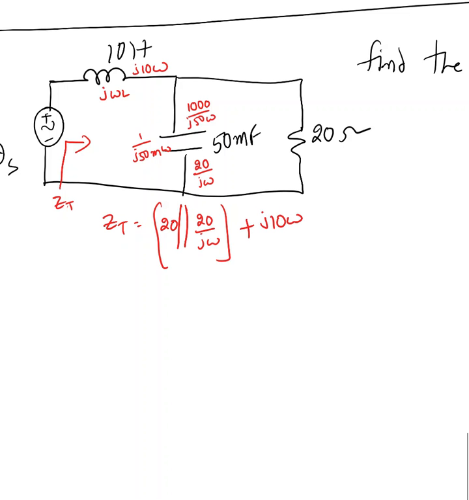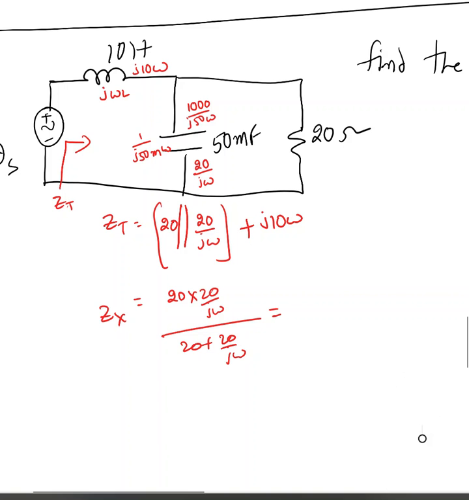Now first I'm going to solve for the total impedance here, which is going to be 20 times 20 over J omega over 20 plus 20 over J omega. Let me label this as Zx. I'm going to find only Zx, this part.